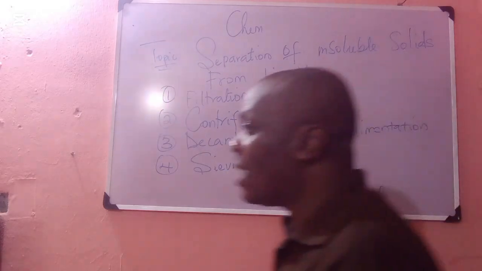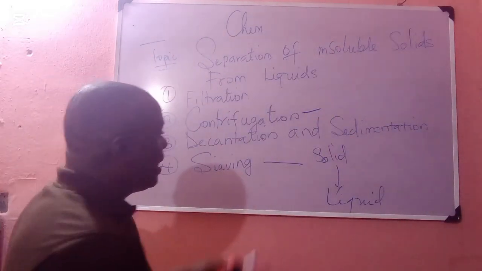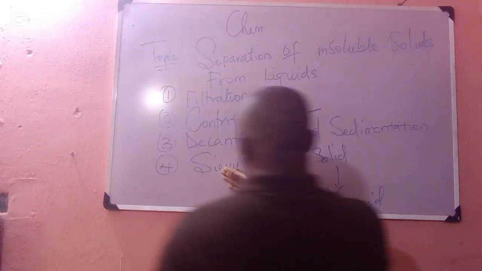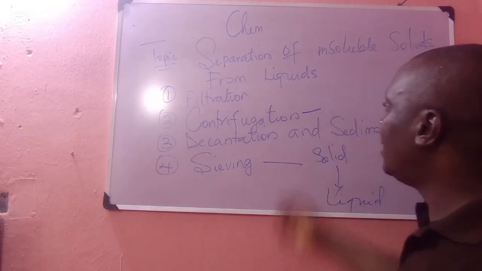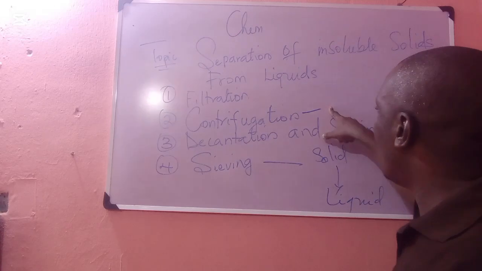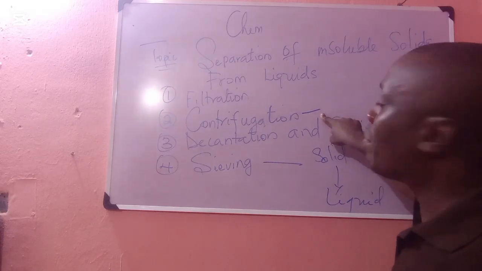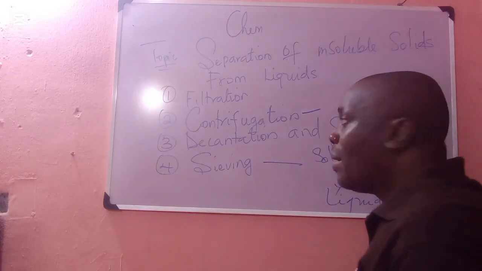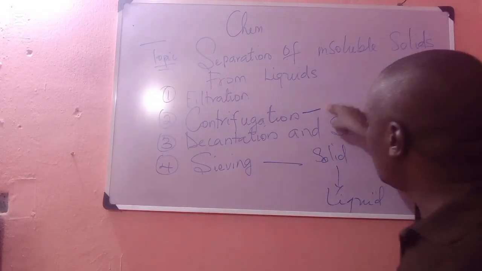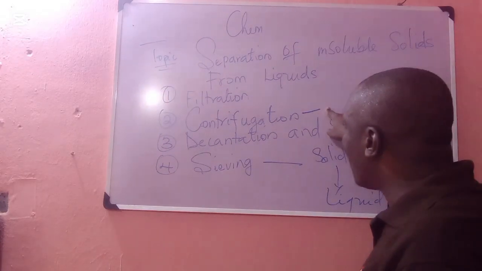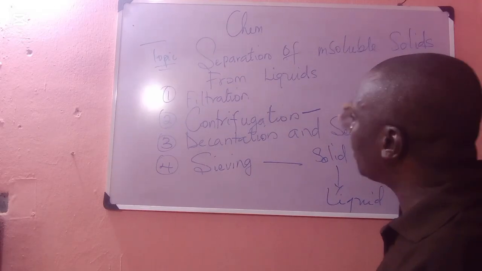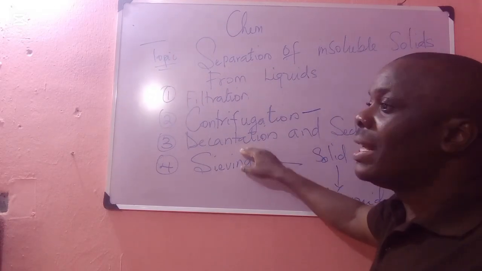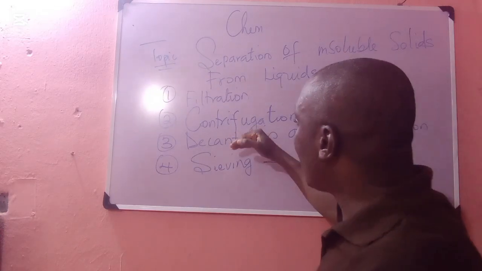For example, in the house, they use this method to separate tea leaf from tea. In the laboratory, they use it to separate solid from liquid, like in our medical lab, and also in a normal science laboratory. Sedimentation is also a means of separation, because maybe you have water and sand together.